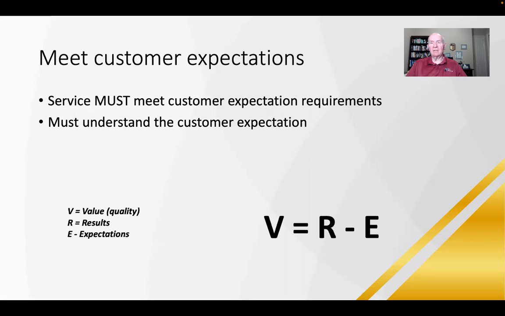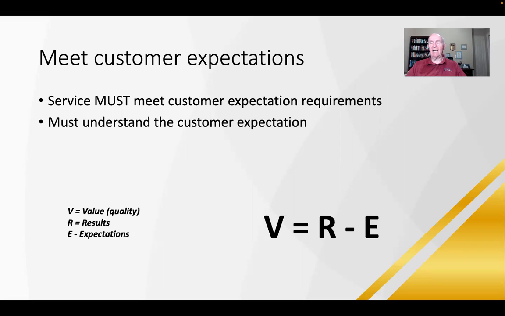And I like to use sort of an equation where V equals R minus E, because remember, we're talking about customer expectations and customer value or quality. Well, a customer comes with a certain amount of expectation. If they come with an expectation of X, and we don't achieve that expectation, the result of that visit is below the expectation.